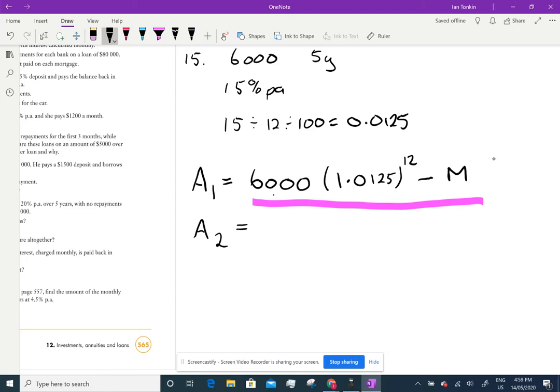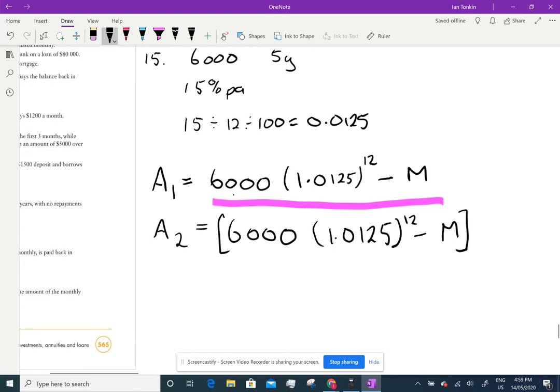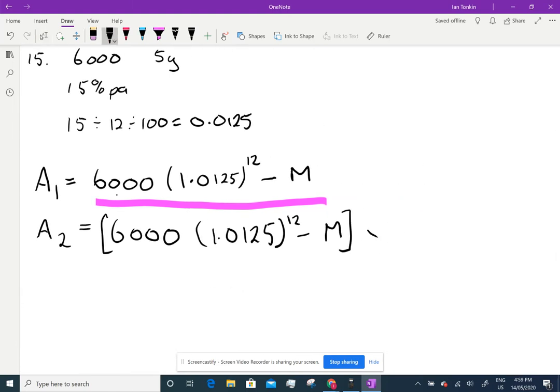So it's going to be 6,000 times 1.0125 to the 12 minus m, and I'm going to write this out because I bet some of you have some trouble with the indices. So that whole thing has earned 1.0125, 12 of them, because there's been 12 months in this year, and then they repay another amount.